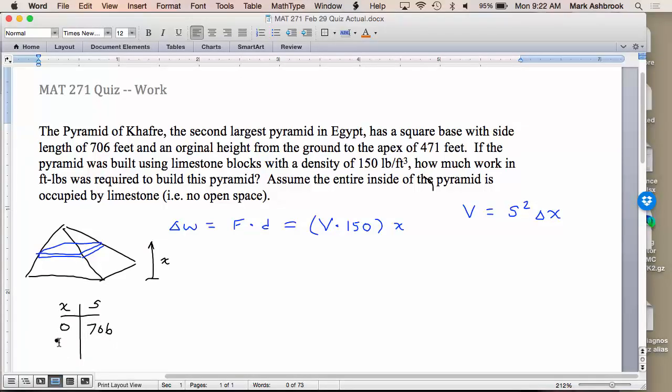When x is 471, s is 0. The change is, and then s.